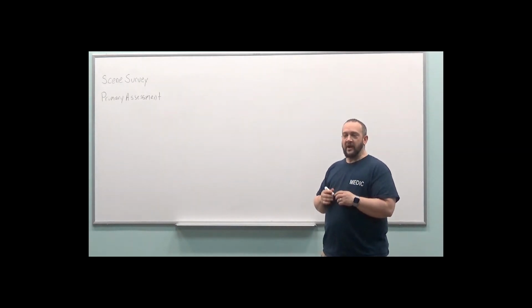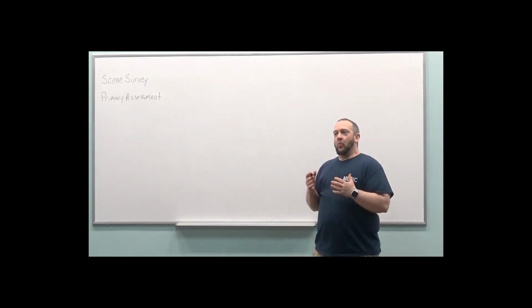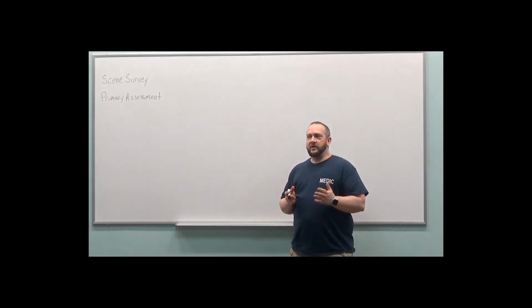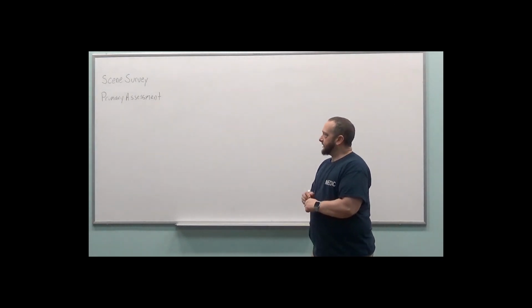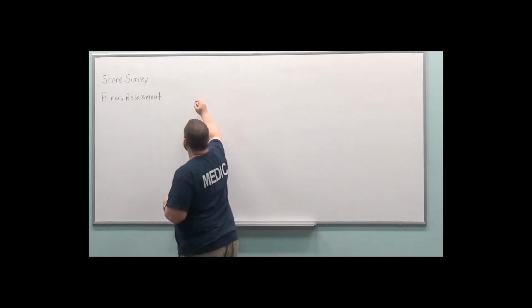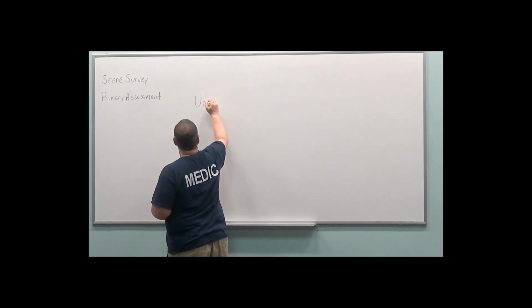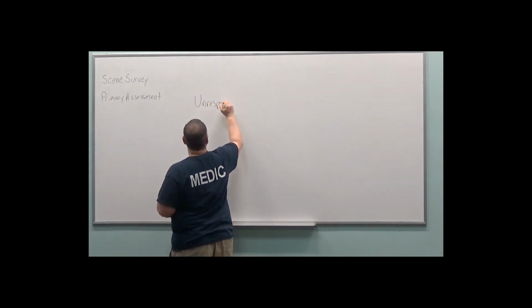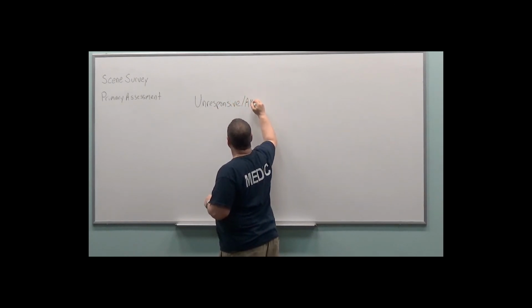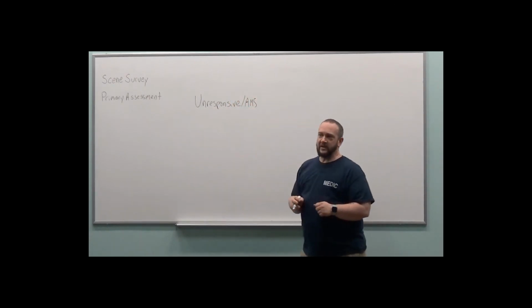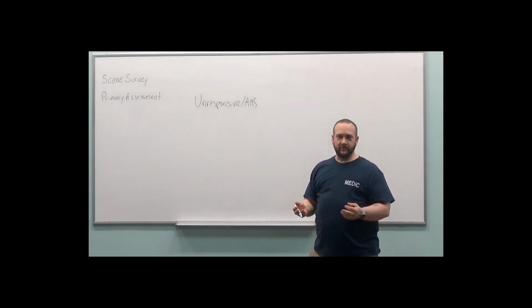Treat our life threats. Now, as we move on, what we're essentially doing is making a determination if we have a patient who is unresponsive, or here I also put altered. So we have a patient who is unable to participate in helping direct us, find injuries or symptoms.